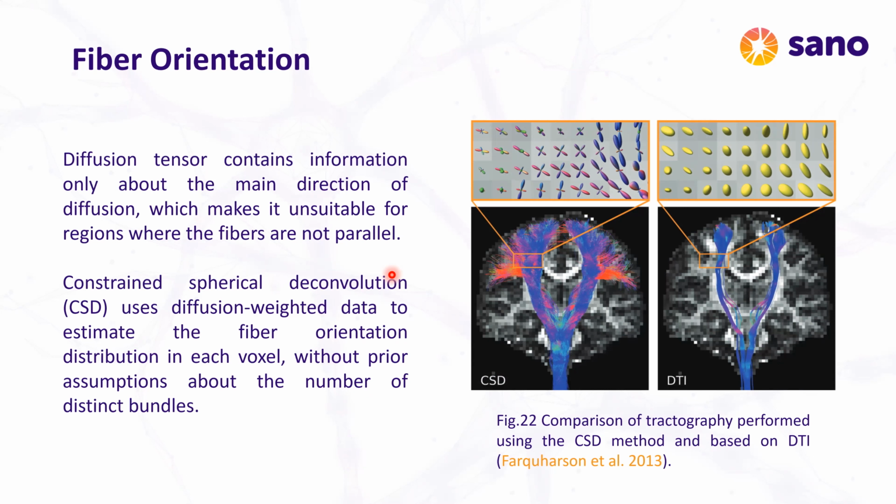Individual models provide different information about the brain structure and are differentially sensitive to the presence of more than one fiber orientation in the voxel.